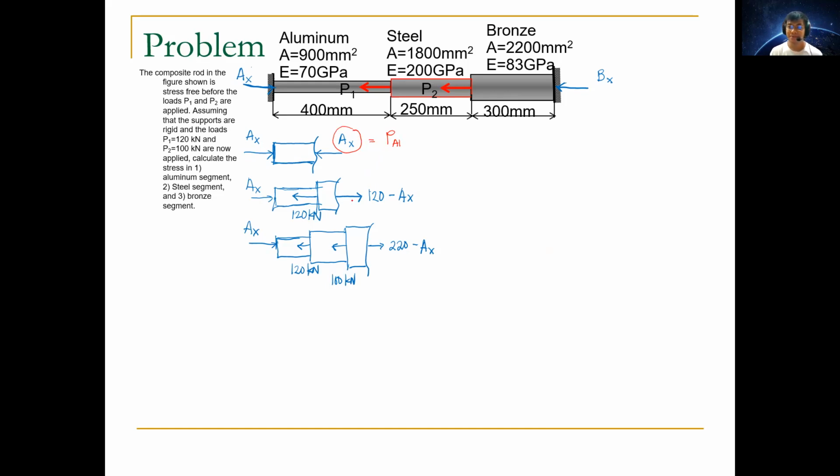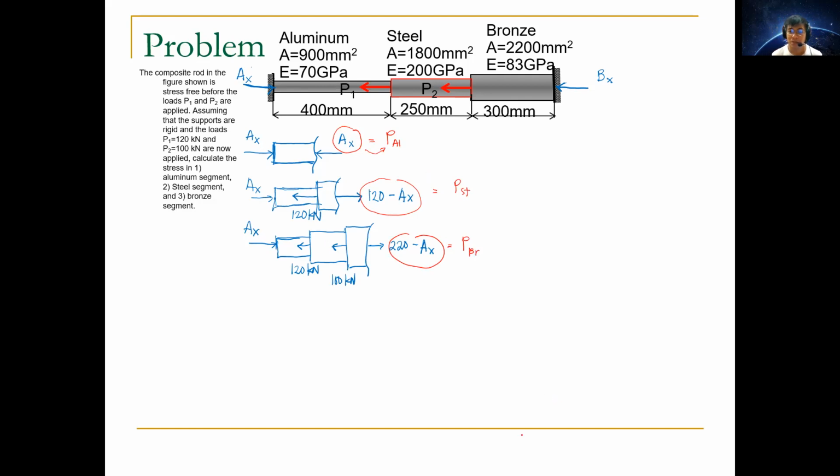Before, in our simple stress, we tend to have a value coming from one of the reactions, so we can directly say that this numerical value is already the force inside that particular member. So this one is P sub AL. Of course, 120 minus AX is equivalent to P sub steel. Same goes for this one, P sub bronze.